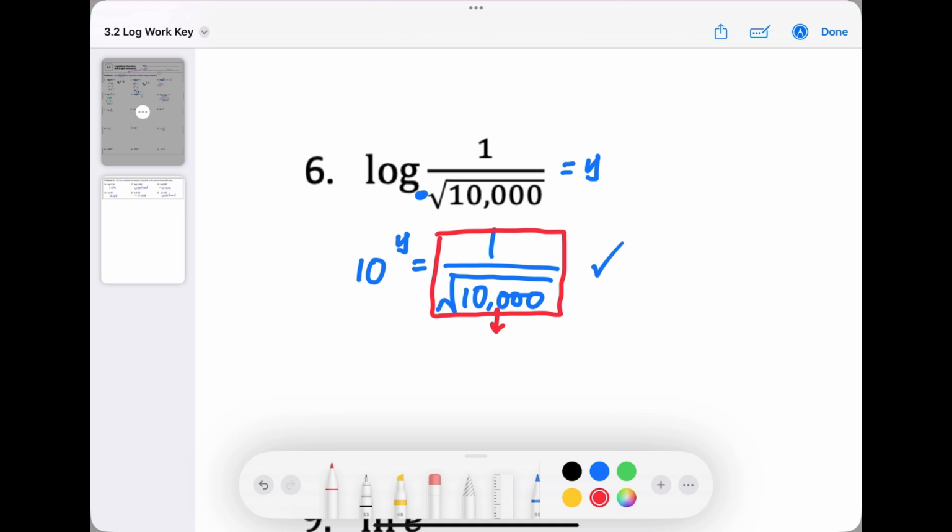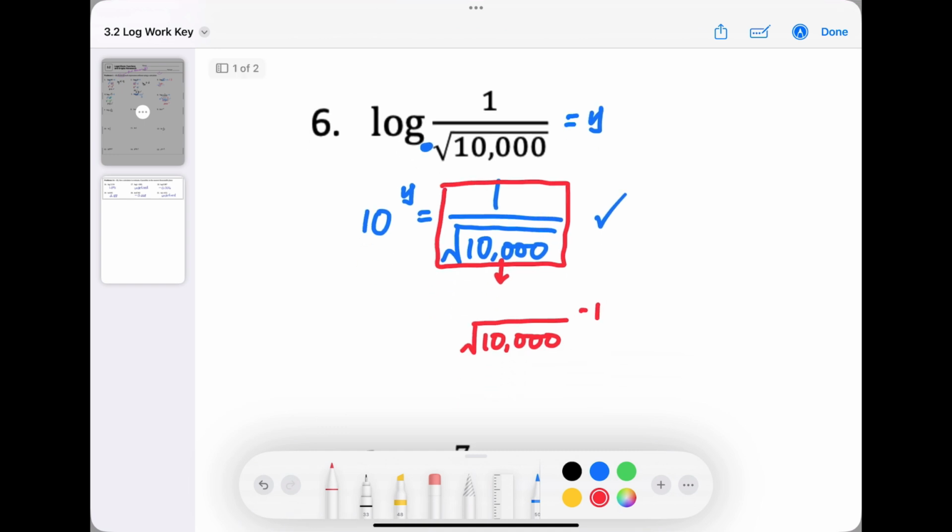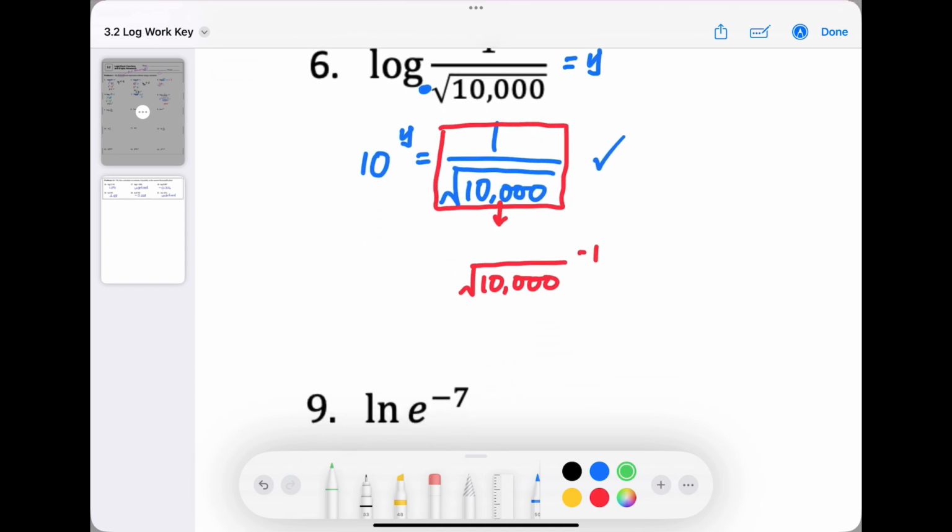So this fraction can be rewritten as square root 10,000 to a negative 1 power, right? So now you can say, Ms. O, I know you. You do not like the square root. So I'm going to rewrite this. The square root will become 10,000 to 1/2 power. Now do not forget the original, you have a negative 1 power, so you're going to attach to the power. So what you see is what you got.